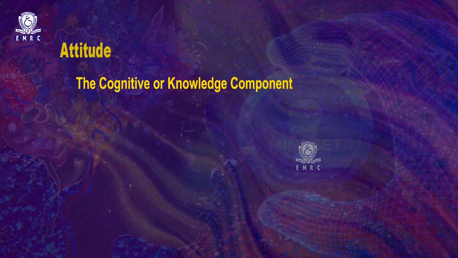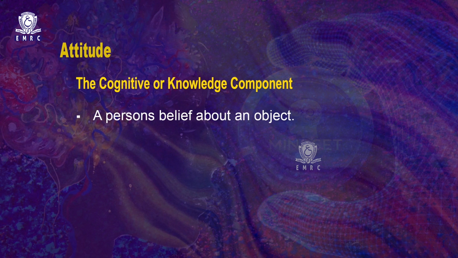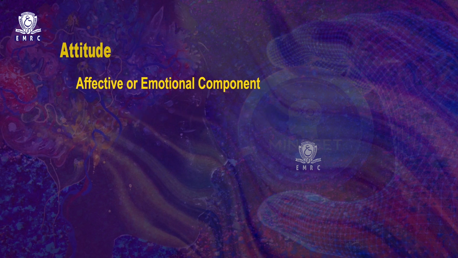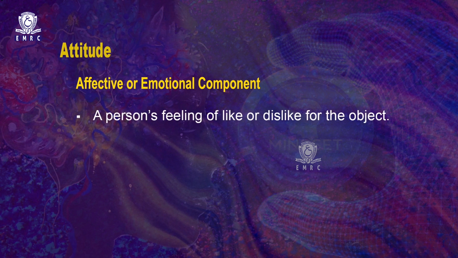Now, putting together an overall understanding of the views defining attitude, we can summarize it using three components. The first is the cognitive or knowledge component, a person's belief about an object. Second is the affective or emotional component, a person's feeling of like or dislike for the object.